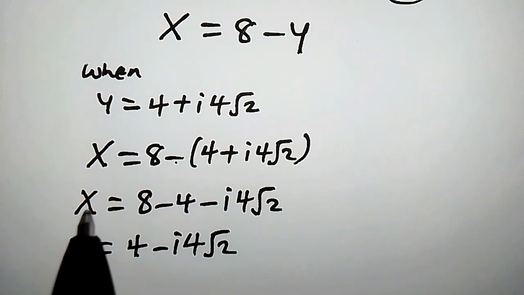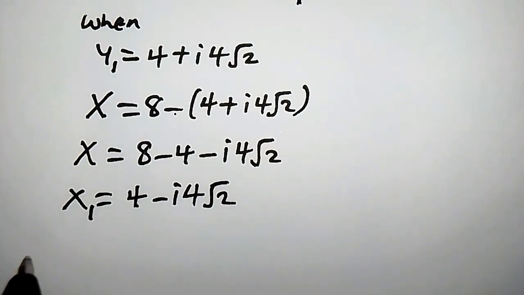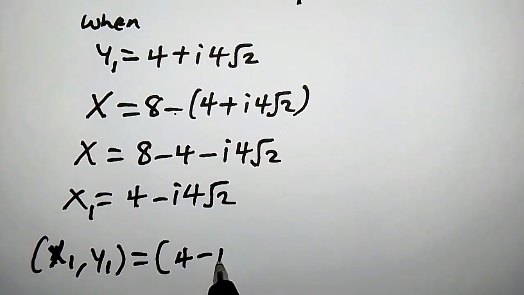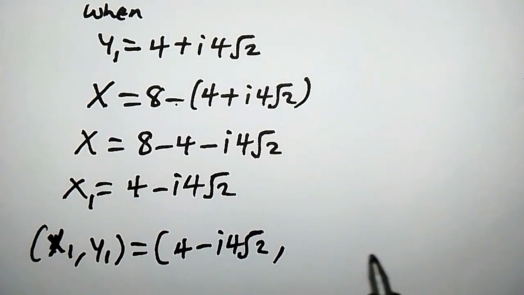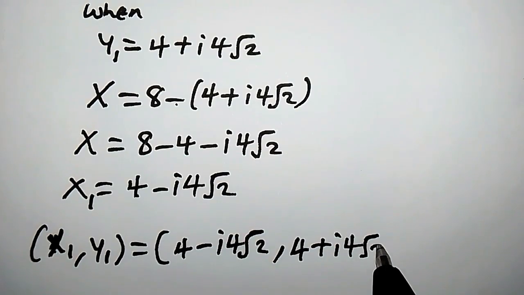This is x1 and this is y1. So the first solution is x1, y1 equal to 4 minus i times 4 root 2, comma, 4 plus i times 4 root 2. This is the first solution.